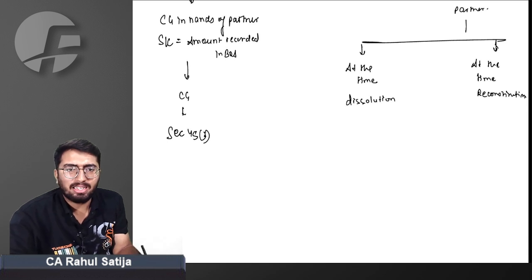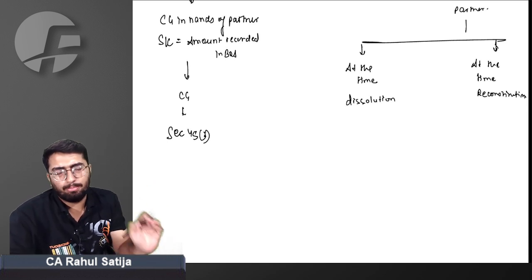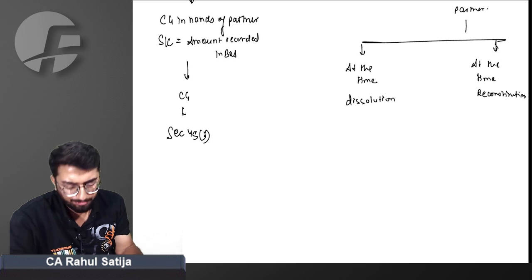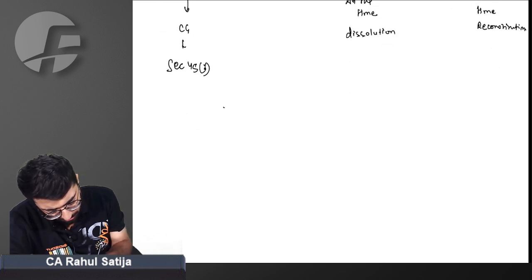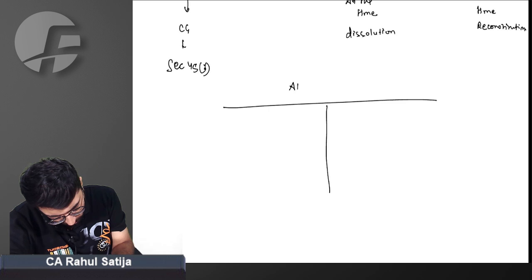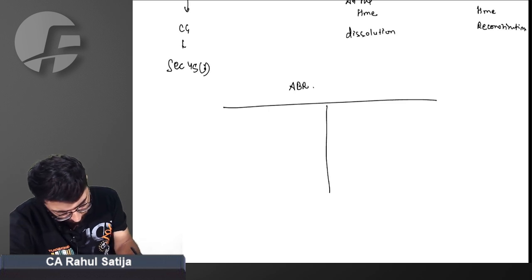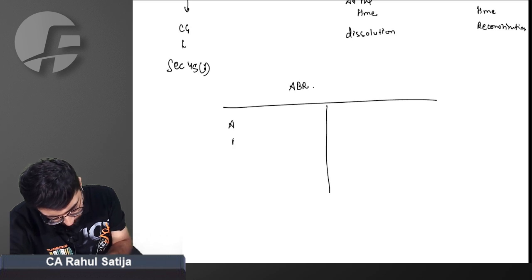We need to understand these three cases. First of all, let us go through an example. I have crafted this myself. This is the balance sheet of ABR, 222 CR.